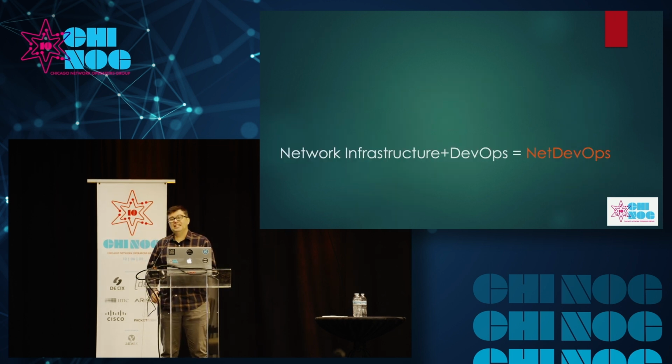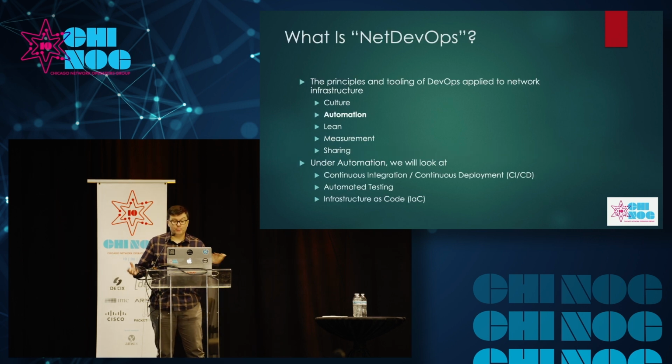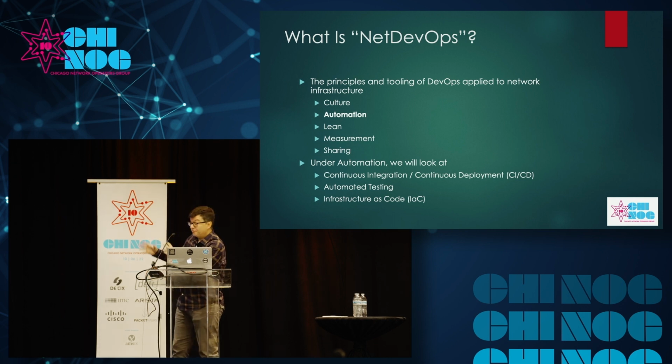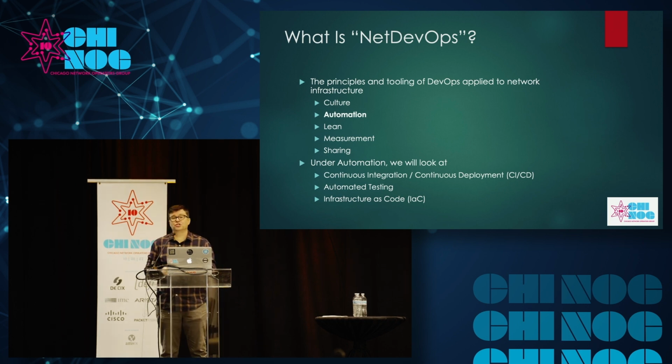So that's where this idea of NetDevOps comes in. What it is really, is just a portmanteau of this idea of network operations and infrastructure meeting this more philosophical concept of DevOps. The philosophy of DevOps is here. You've got the culture, the automation, it's lean, you have measurement and collaboration and sharing. We're going to focus mainly on the automation piece today.